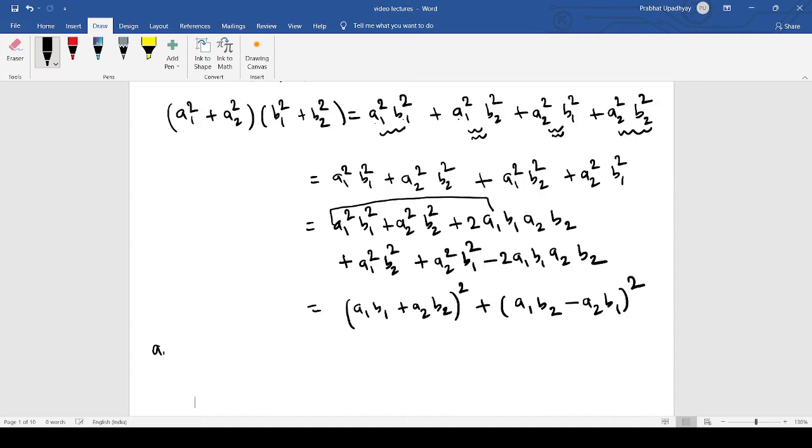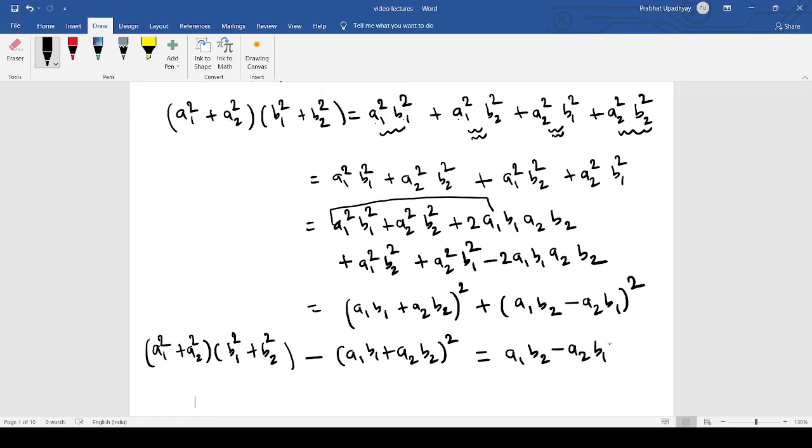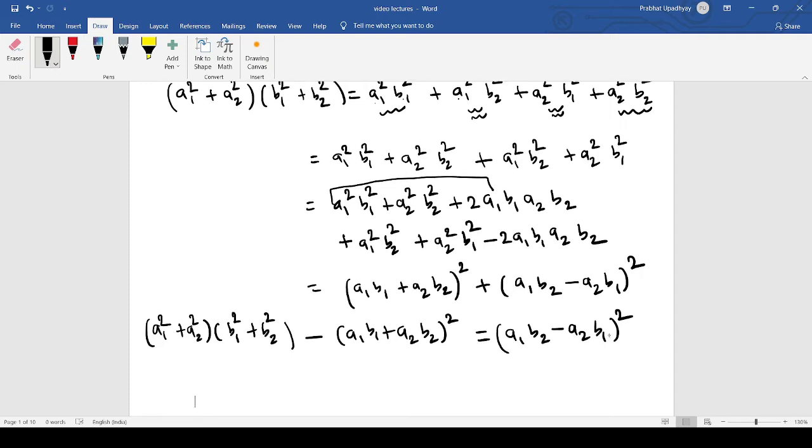From here you will have (a1² plus a2²) into (b1² plus b2²) minus (a1 b1 plus a2 b2)² is equal to (a1 b2 minus a2 b1)². And since the right hand side is a complete square, it is greater or equal to 0. Therefore (a1² plus a2²) multiplied with (b1² plus b2²) minus the square of (a1 b1 plus a2 b2) is greater or equal to 0.